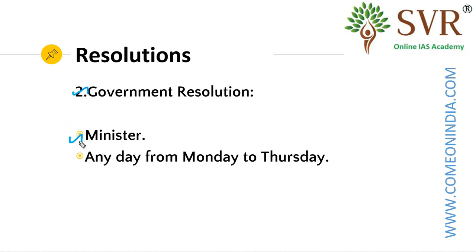Earlier we have seen that the private member resolution is moved by a private member or non-minister, but the government resolution is moved by the minister, and it is moved on any day from Monday to Thursday. The private member resolution can be passed on Friday, especially in the afternoon session, whereas the government resolution can be passed on any day between Monday to Thursday.